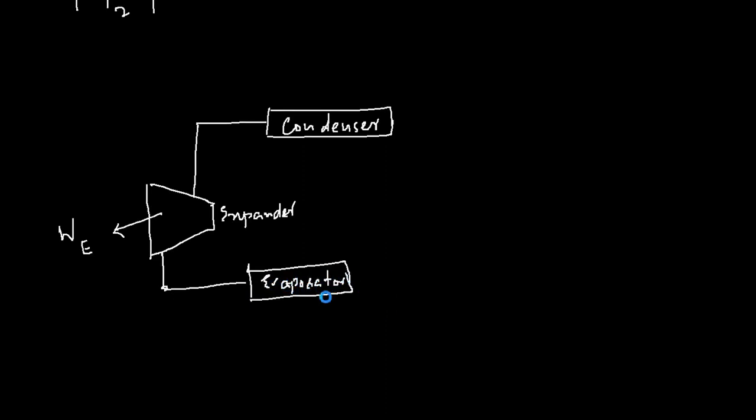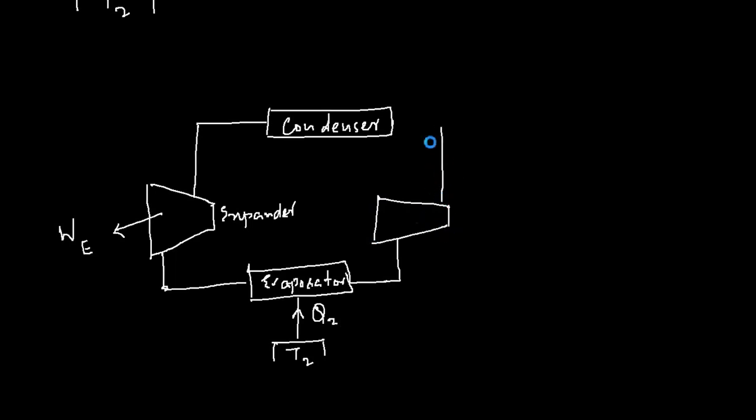an evaporator where it absorbs heat from a body at a low temperature, say T2, and from here that goes to a compressor, and from the compressor that goes into the condenser, and in the condenser it rejects the heat Q1 to the body which is at a high temperature T1.